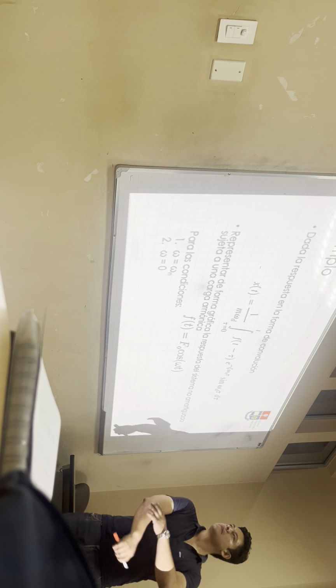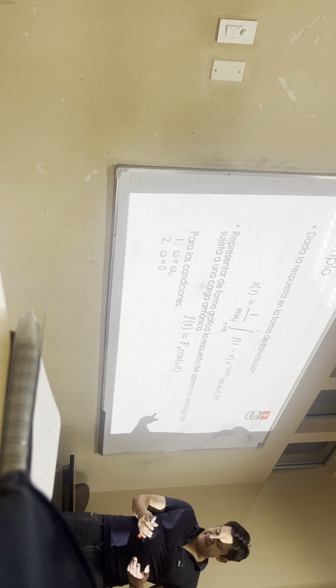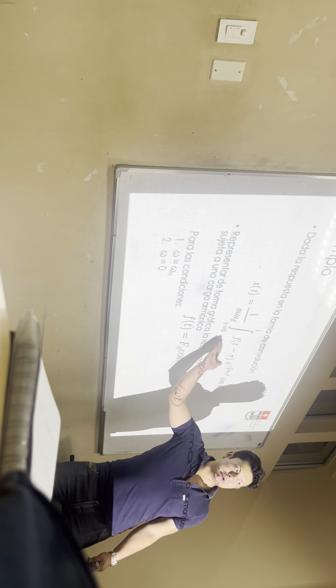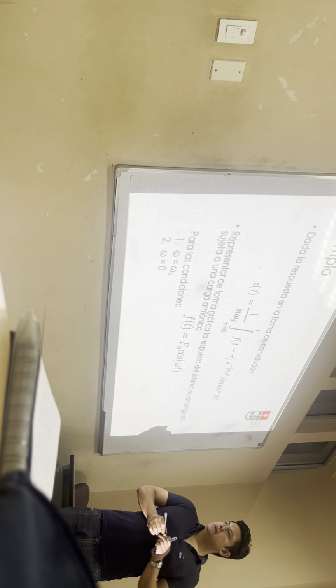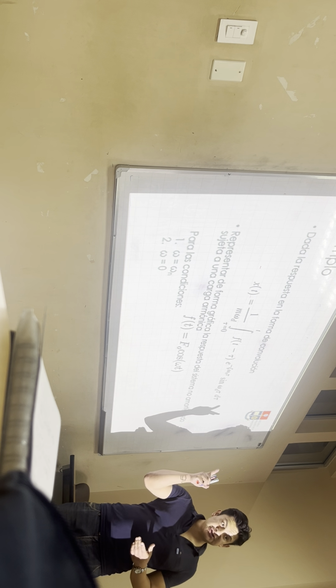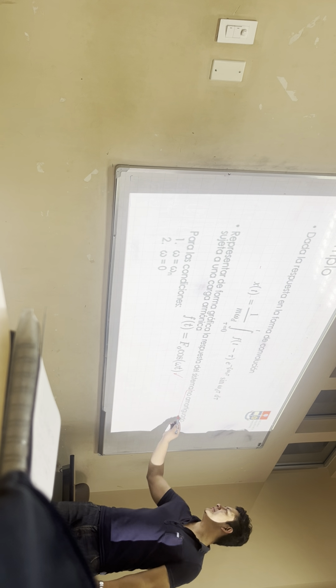Great. Let's work this out. Given the response in the form of convolution, which is this one, let's represent in a graphic form the response of the system due to a harmonic input, provided that we have no damping.